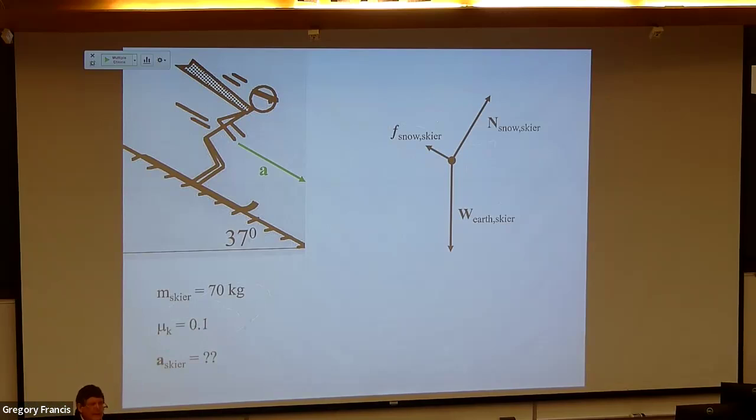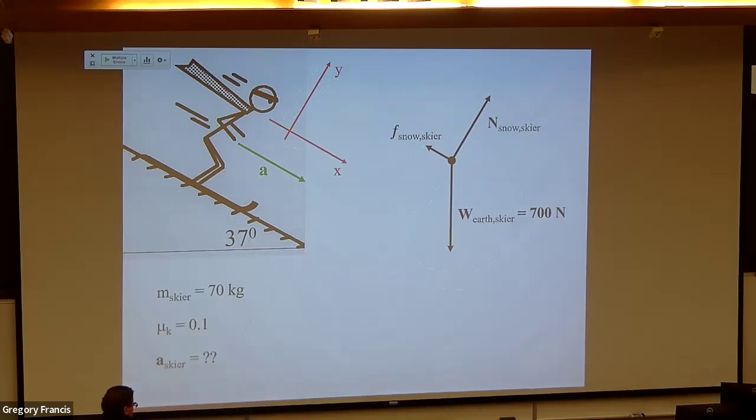Now again, this problem is terribly, terribly hard unless I tip my head and use this coordinate system like that. If I tip my coordinate system, this force and this force are lined up with the coordinate system. I just have to break down the weight force.